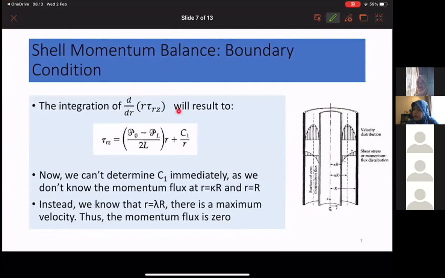Okay, and this will result in the similar, we call this the momentum flux profile. For this case, we have to think carefully about the boundary condition, because we have to think again about the boundary condition related to this phenomena.